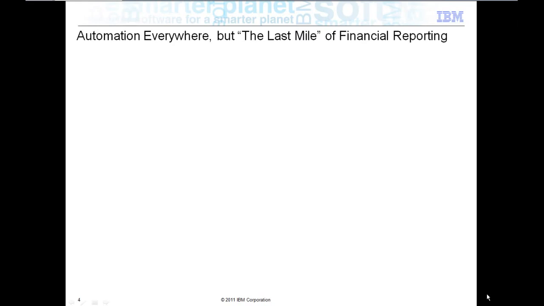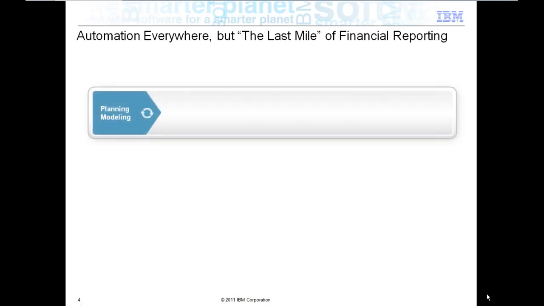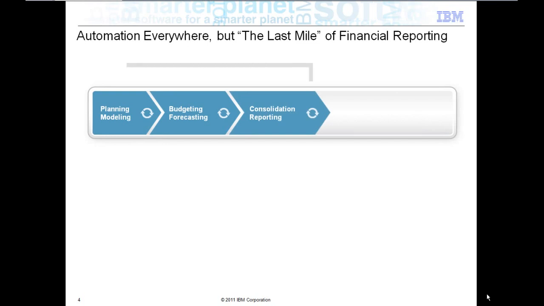So, automation everywhere but the last mile of financial reporting. This pretty much paints a picture of what your organization, generally speaking of course, has invested in, whether it be time, resources, and technology, for certain items such as planning and modeling, budgeting and forecasting, consolidation and reporting.